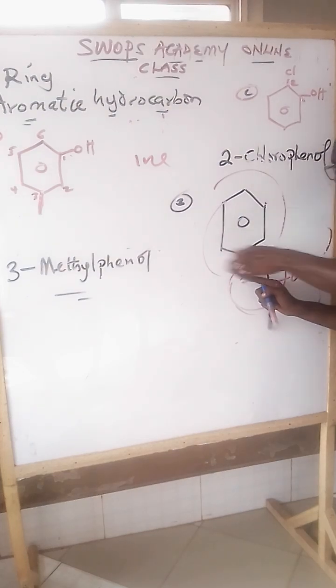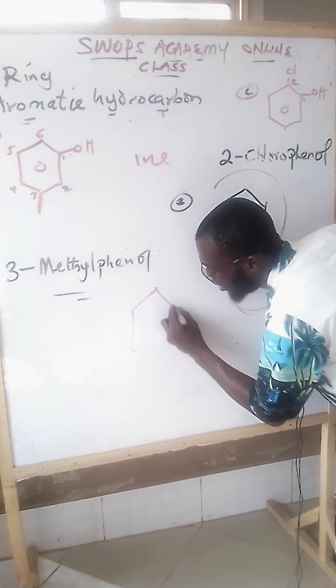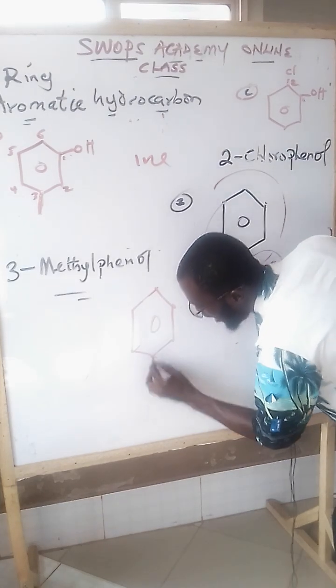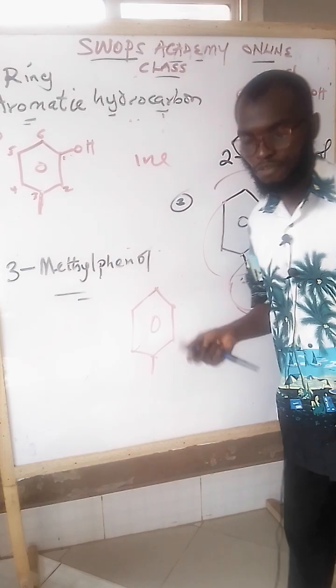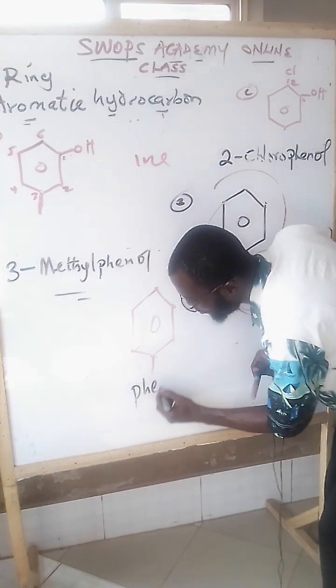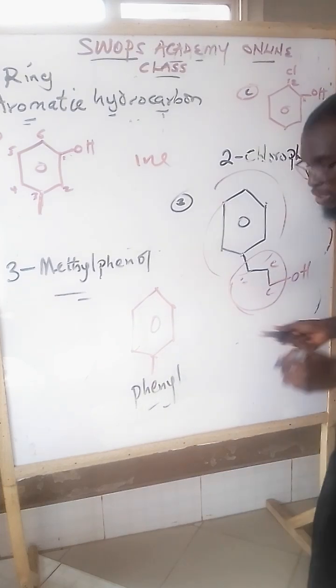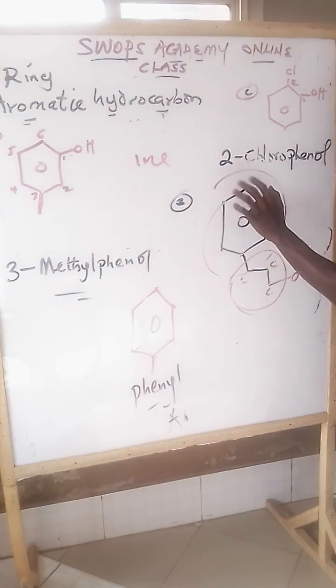Now this particular structure, I told you that if I have a structure like this, what do we call it? I've explained that earlier when we were explaining phenol, phenoxide ion. We call it phenyl. Now, all these things will be the substituent.